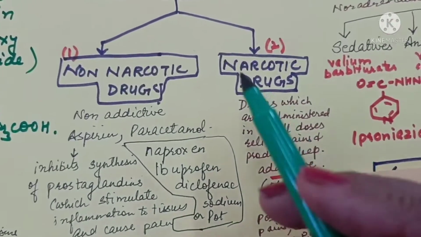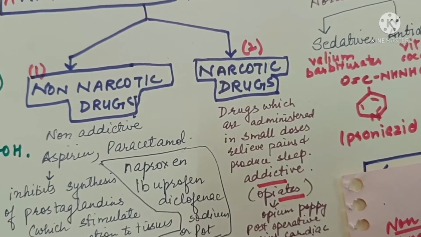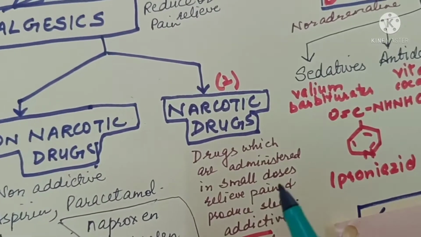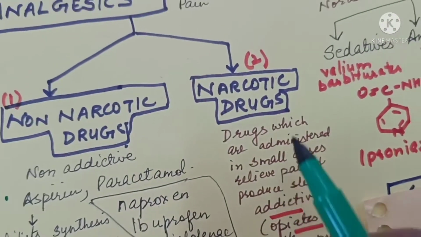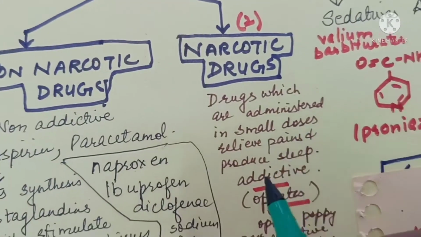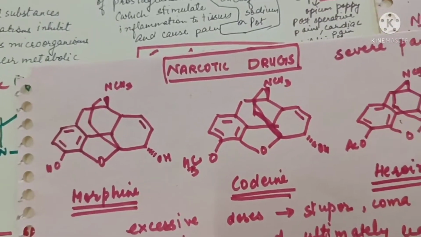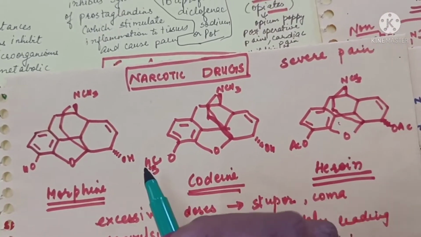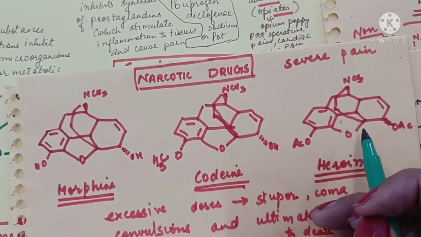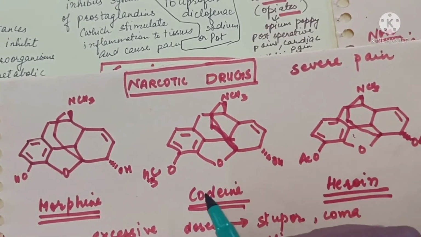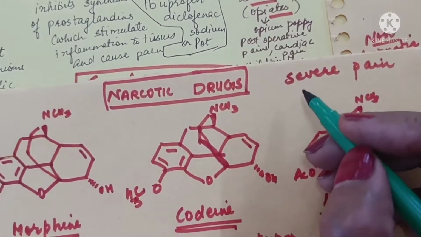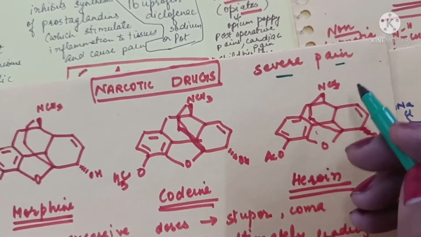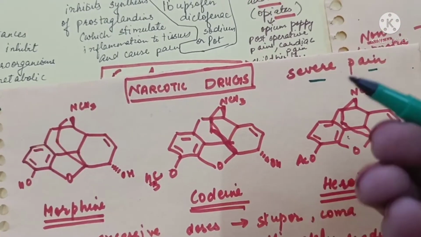Next is narcotic drugs. Drugs which, when administered in small doses, relieve pain and produce sleep, are called narcotic drugs. Morphine, codeine, and heroin, these are the structures. These drugs, though habit forming, have to be used when there is severe pain in the body, for example, in post-operative care or in case of heart attack or childbirth.